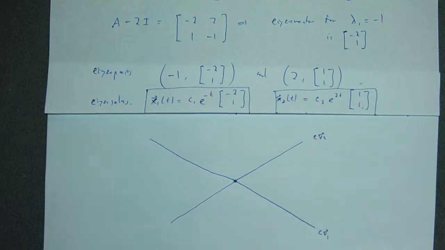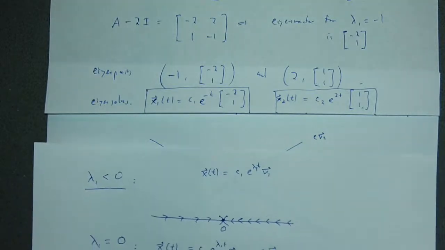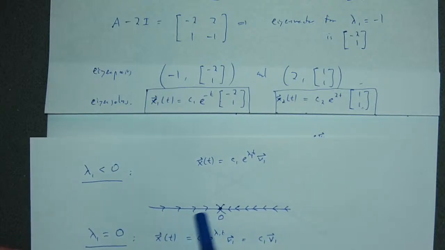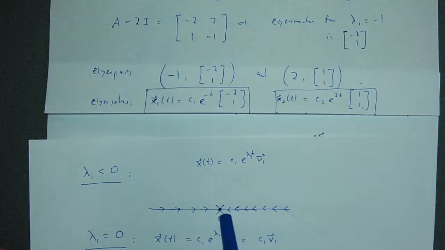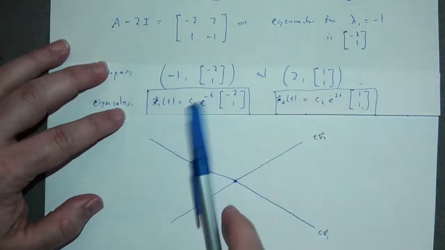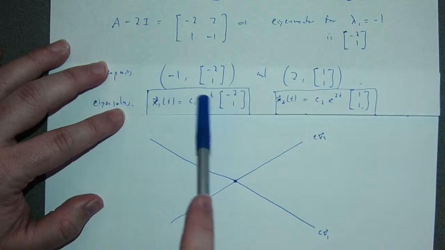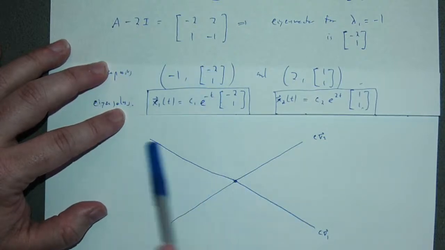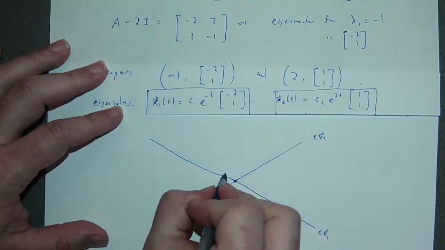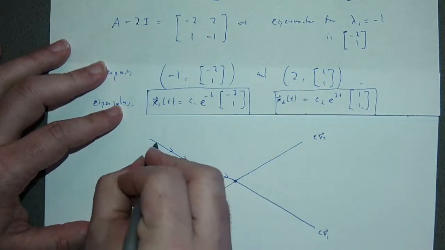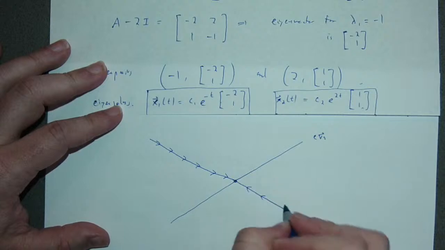So let's go back to our cases. In the case that the eigenvalue is negative, this was the picture I got along that line: arrows indicating motion towards the origin. So on this trajectory, determined by the vector minus 2, 1, I have arrows indicating motion towards the origin.